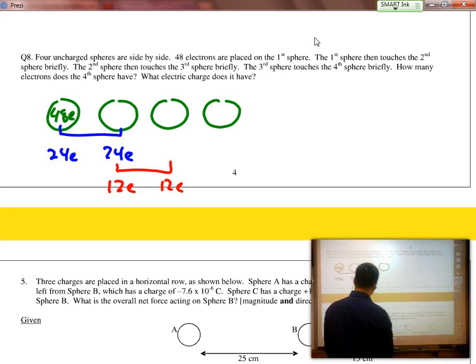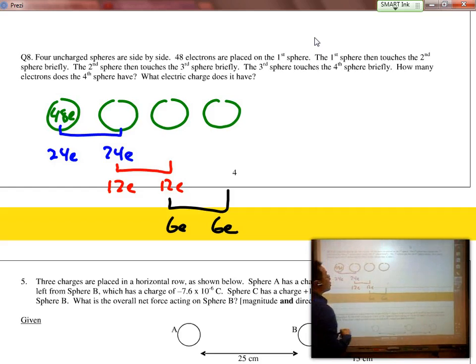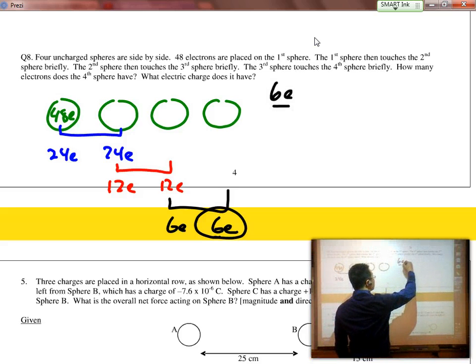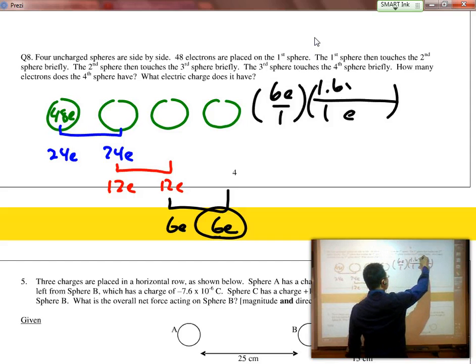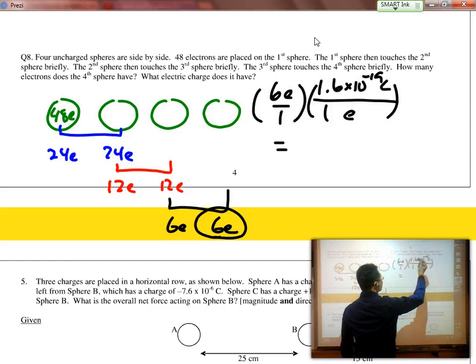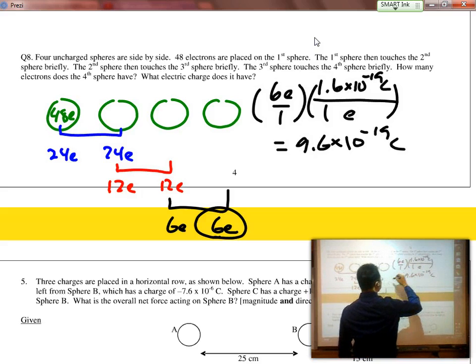And if you touch the last 2 together, you end up with 6 and 6. So if I was to look for what's the total charge on the last sphere, 6e, 1 electron equals 1.6 times 10 to the negative 19 coulombs. So the total charge would equal 9.6 times 10 to the negative 19 coulombs.